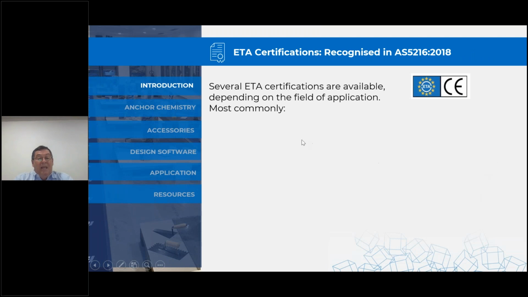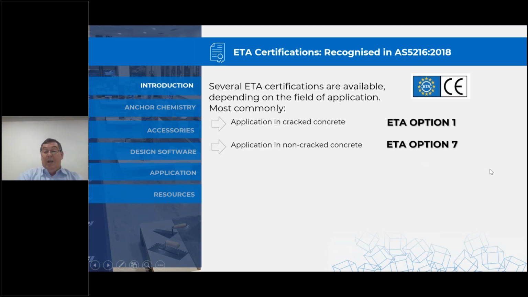So there are several ETAs, the European technical assessments available depending on the field of application, and they're most commonly the ETA option 1, which is for cracked concrete, and the ETA option 7, which is for non-cracked concrete zones.